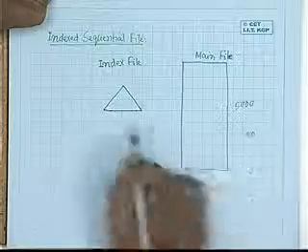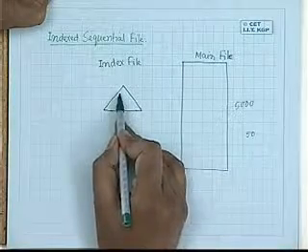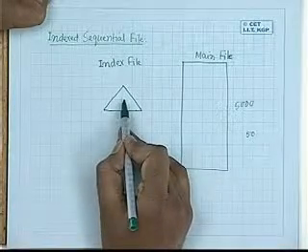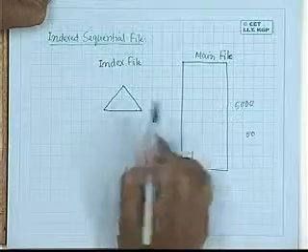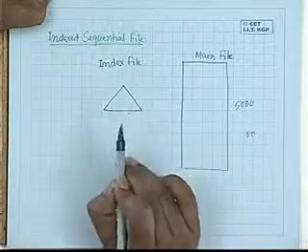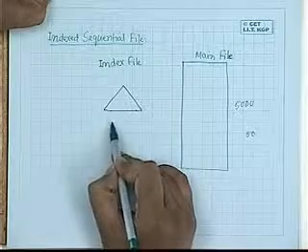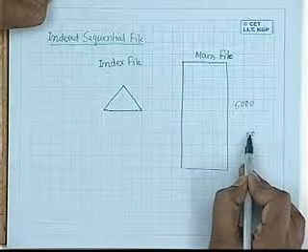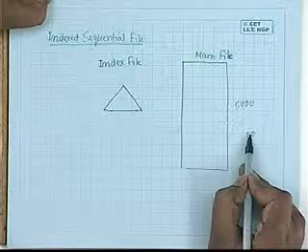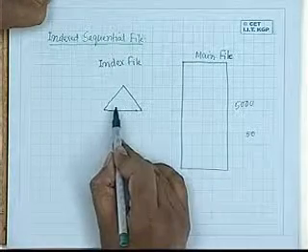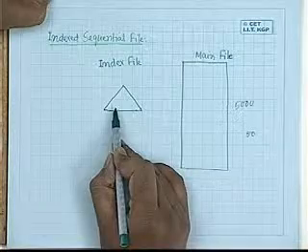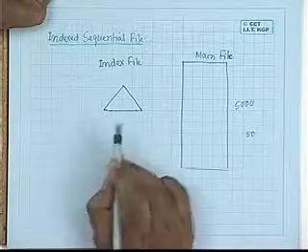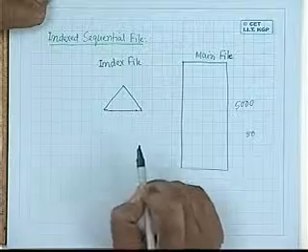When I make this index file, as I said, it is also a sequential file containing the key field and a pointer. So the key fields of the records in the index file are these 50 keys. Along with each record in this index file, I'll have a pointer. These pointers will point to the main file.